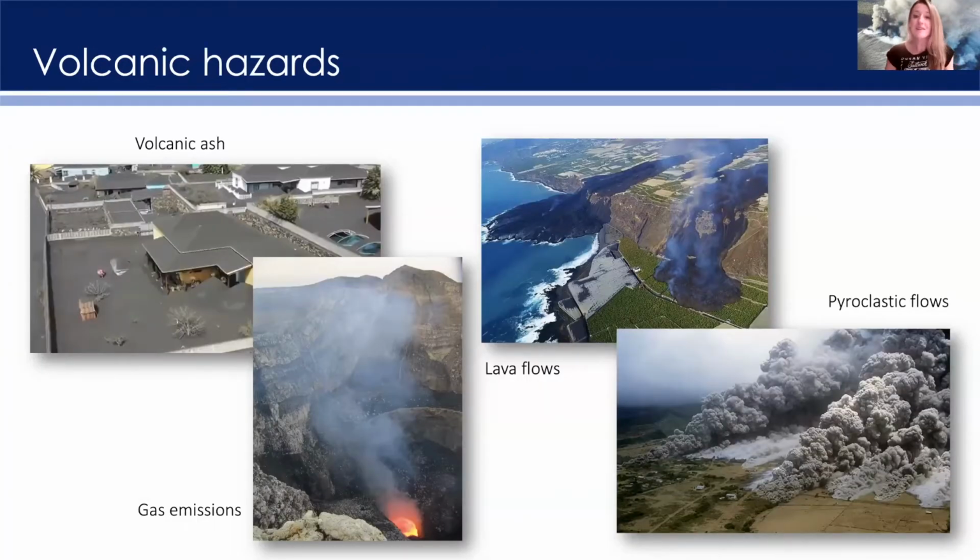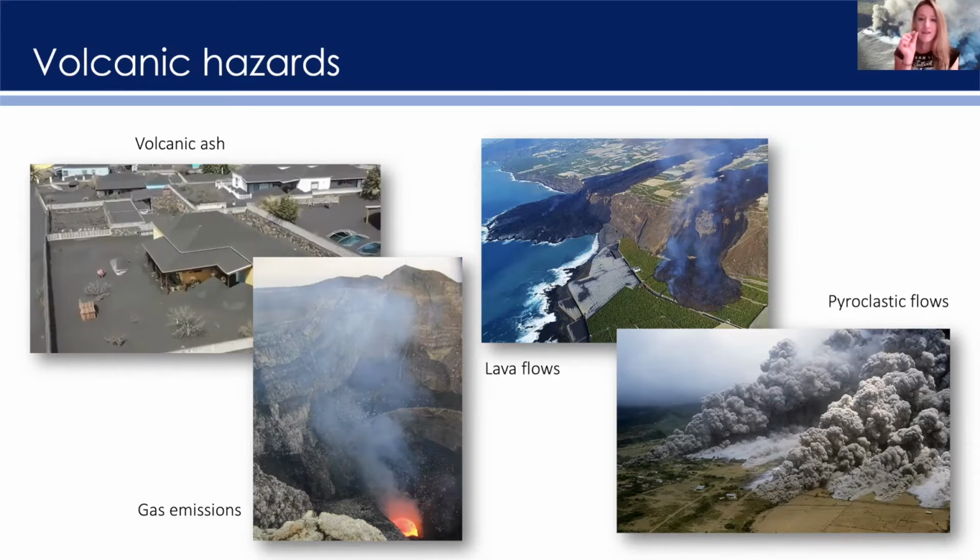But we can't escape the fact that in our current very highly populated, globalized society, volcanic eruptions can have a huge array of very devastating impacts. These are just a few examples of the kind of volcanic hazards that we have to think about when managing an ongoing volcanic crisis. So we have to think about the impact of volcanic ash.